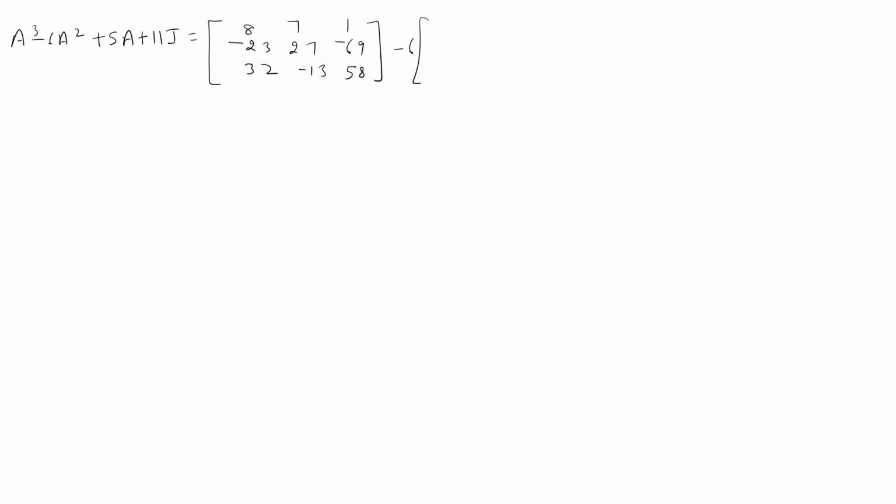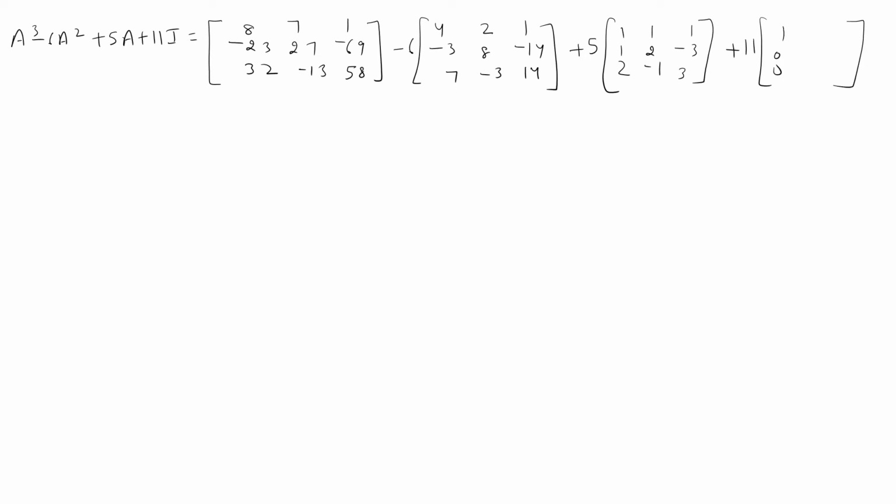Minus 6 A square, which is 4, minus 3, 7, 2, 8, minus 3, 1, minus 14, 14. Plus 5A, where A is the given matrix 1, 1, 2, 1, 2, minus 1, 1, minus 3, 3, plus 11 times I, where I stands for the identity matrix of 3 cross 3.